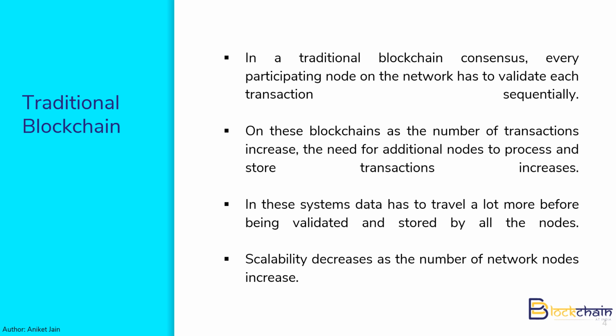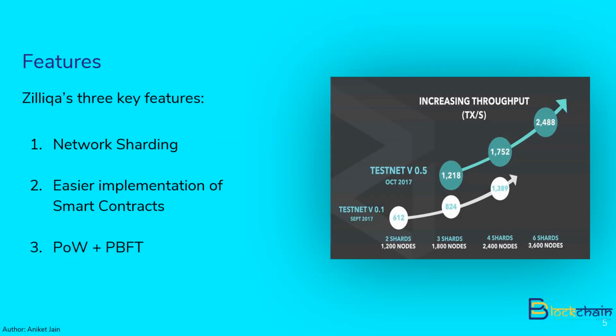Now let's see how Zilliqa solved these problems. Zilliqa has three main features: network sharding, easier implementation of smart contracts, and a hybrid consensus protocol which includes POW and PBFT. Here, POW stands for proof of work and PBFT stands for practical Byzantine fault tolerance. Now, what is network sharding?